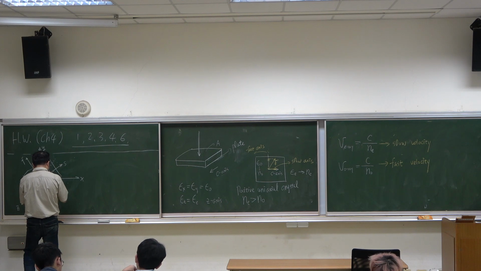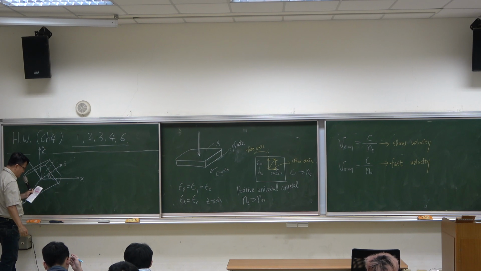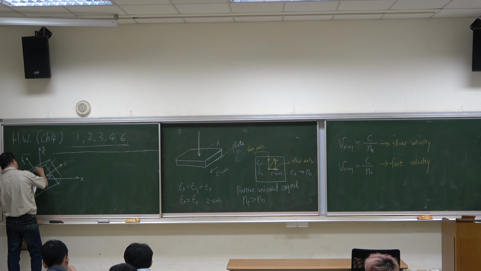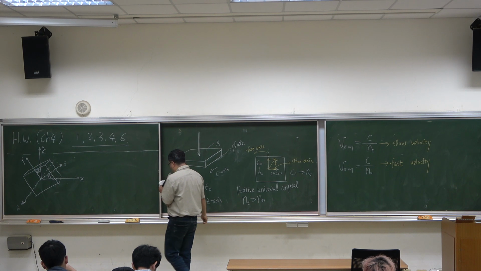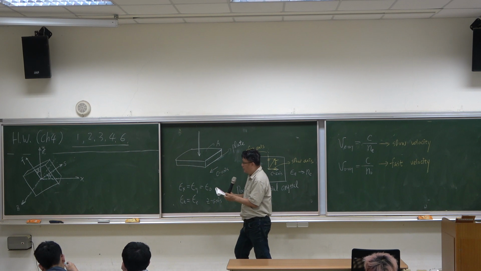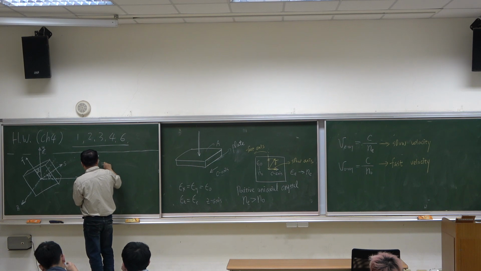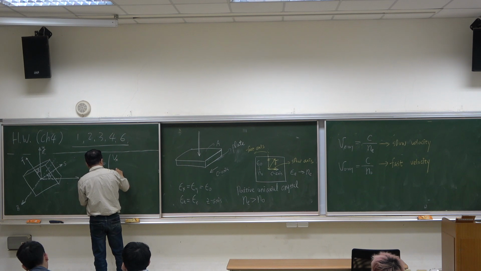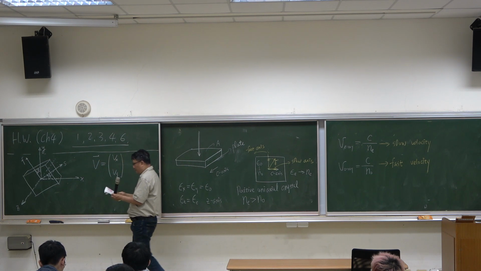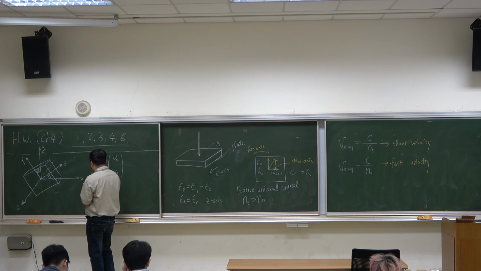So, suppose the angle between the slow axis and the x-axis is psi, which is also equal to the angle between the fast axis and the y-axis. And suppose we originally have a Jones vector of the polarization given by Vx and Vy. Now we want to find V prime.